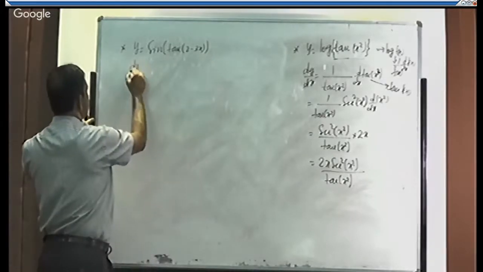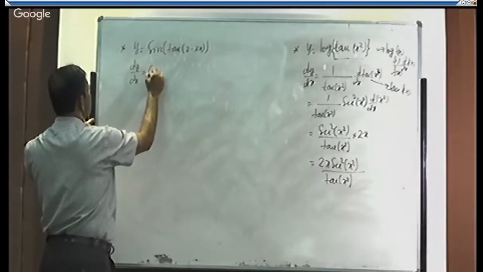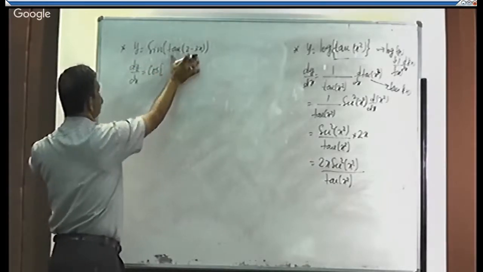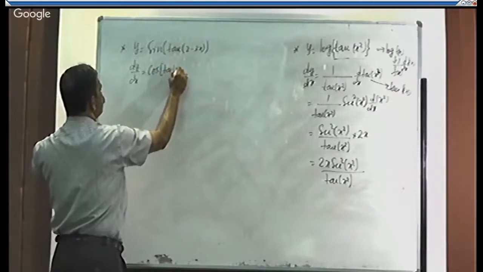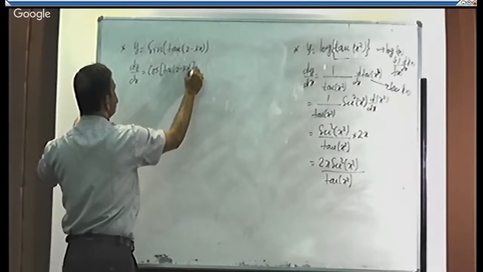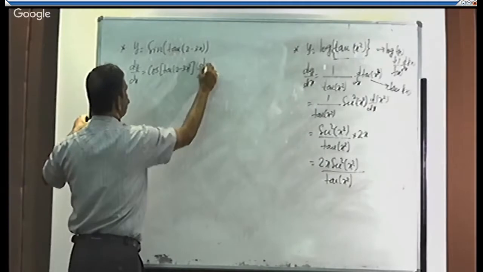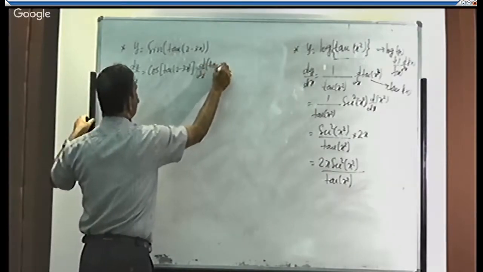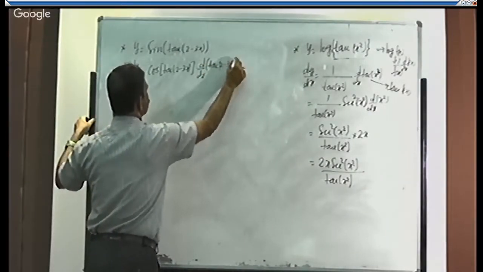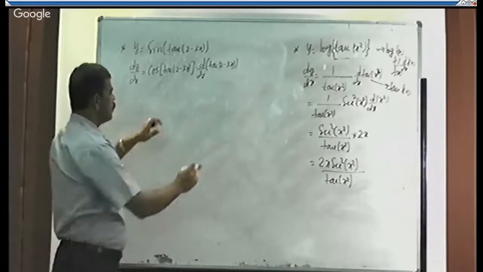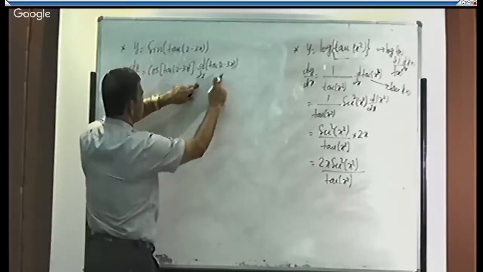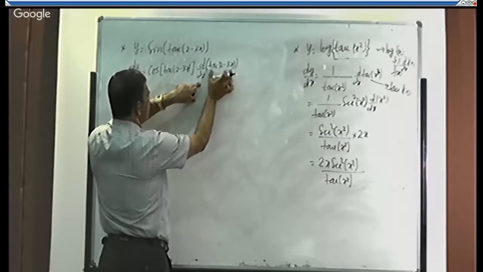Dy by dx is equal to cos of, write the function, tan of 2 minus 3x into d by dx of tan of 2 minus 3x. While differentiating this, how is it treated?